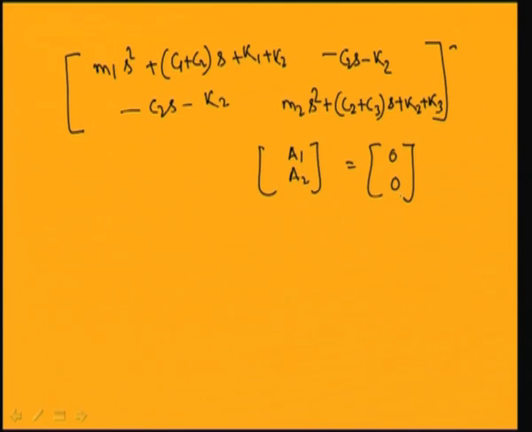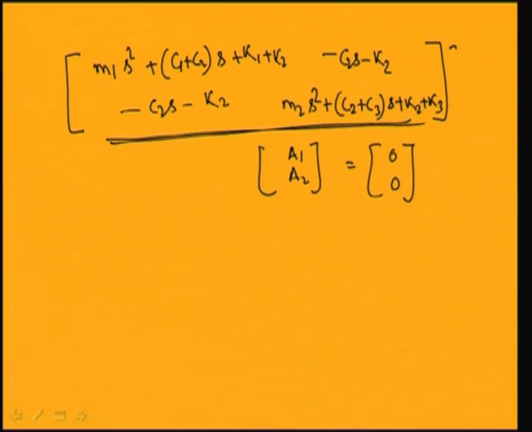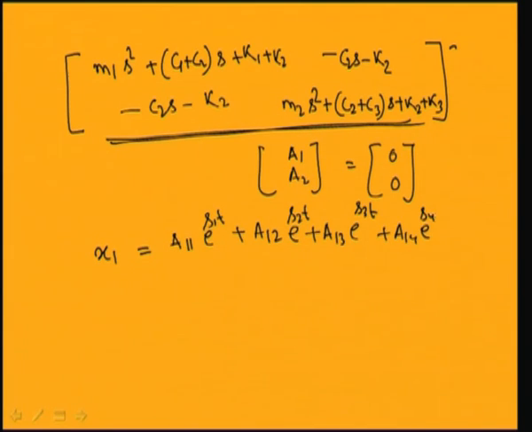So, for a non-trivial solution a1 a2 you can find the determinant of this matrix. The determinant of this matrix will be equal to 0, and from this you can find 4 values of s, and after finding these roots you can write the expression for x1 and x2. So, x1 becomes a11 e to the power s1t plus a12 e to the power s2t plus a13 e to the power s3t plus a14 e to the power s4t.